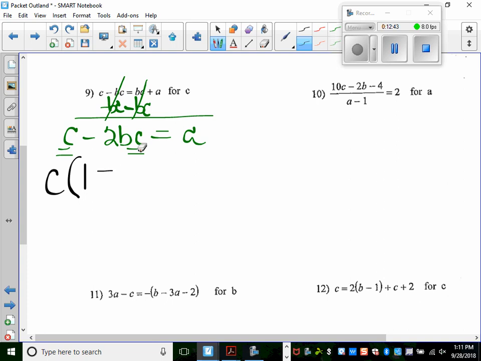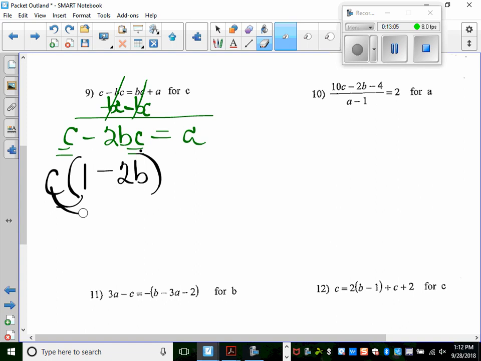C goes into C one time. I'm left with 2B. Now, it almost looks like reverse distributive property, because if I distribute this back out, if I multiply this, I get C. Multiply that, I get 2BC. So it's almost like going in reverse order, but we actually call it factoring the common factor out.